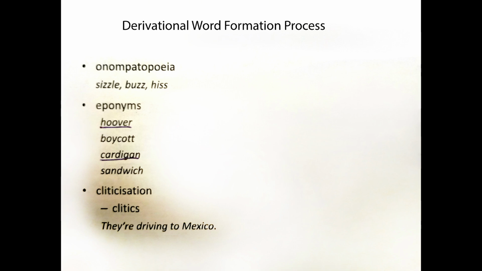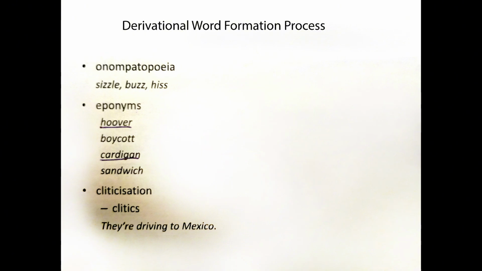For those who don't know, the 1st Earl is the person who holds the title of Earl for the first time, right? So basically, eponyms are words from the person who invented it or who has some association with it.